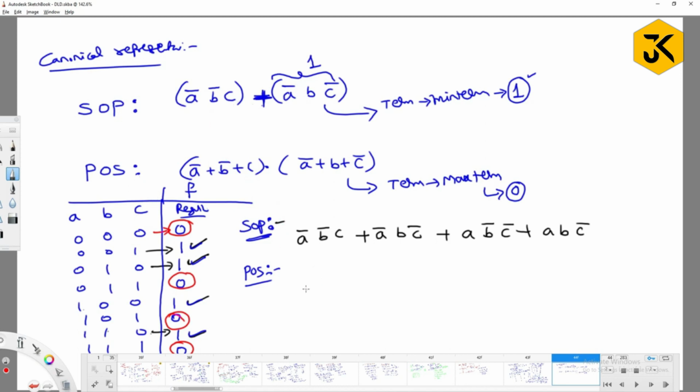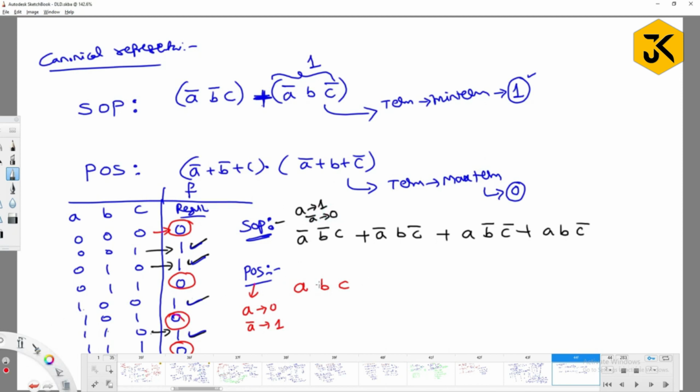You have to observe the clear difference, which is why I have taken a single example to explain. Here in product of sums, A represents 0, A bar represents 1. In sum of products, A represents 1, A bar represents 0. So that is the meaning of min term and max term.